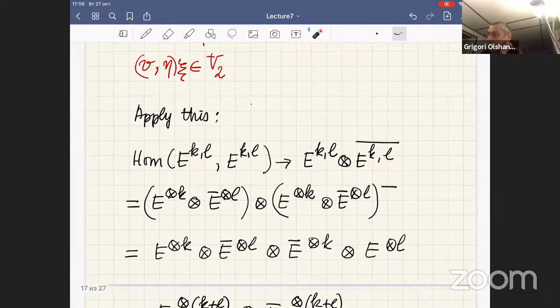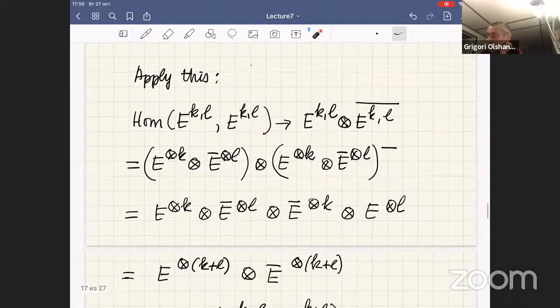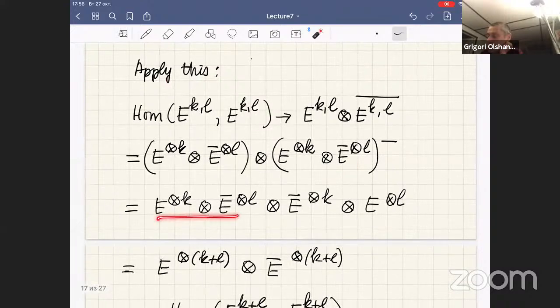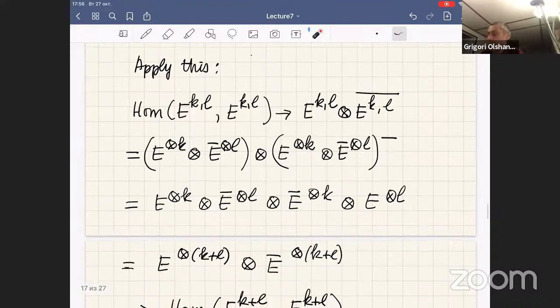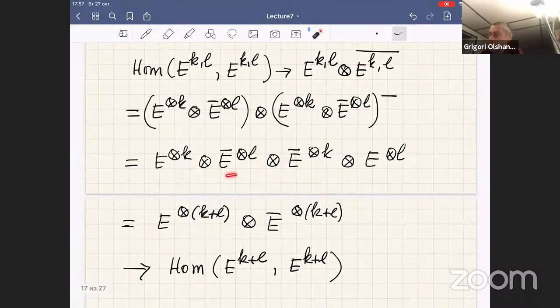Now we look more closely on this. This space is this one, this space is the same as this one, but with a conjugate structure. But what does the conjugate structure mean? We rewrite this space again, and here we change the structure here and here, and we get this. And then we regroup these factors as follows.